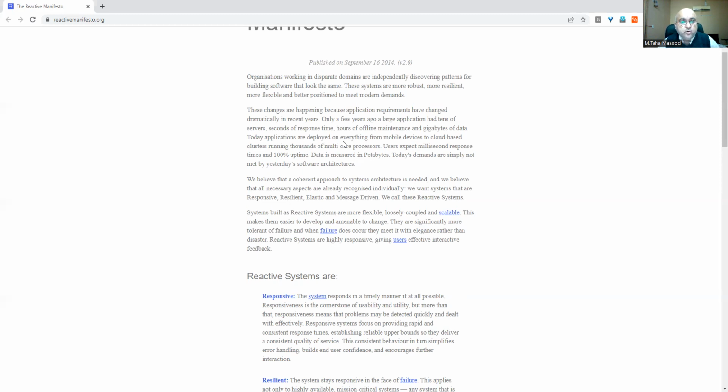Today, applications are deployed on everything from mobile devices to cloud-based clusters running thousands of multi-core processors. Indeed, users expect millisecond response times and 100% uptime. That's very true. The expectations of the users are now very high because they have experienced this happening.